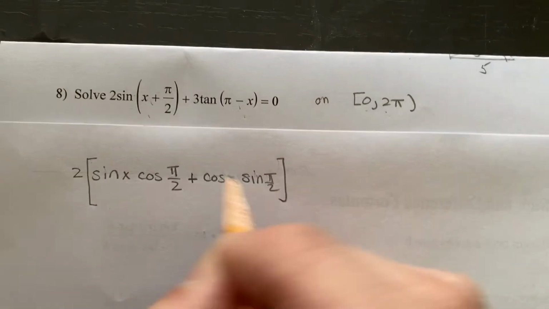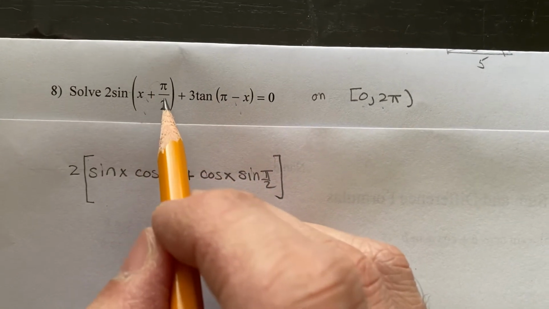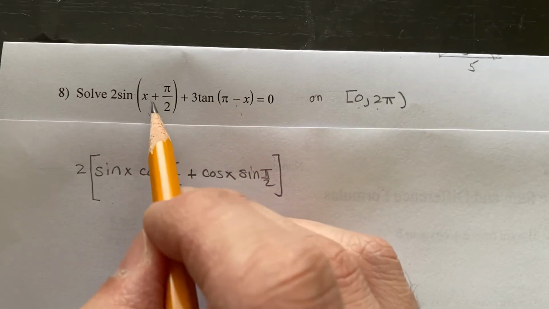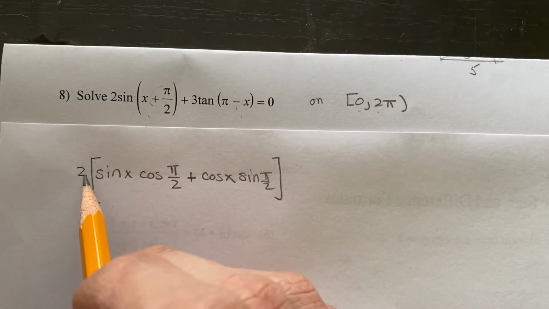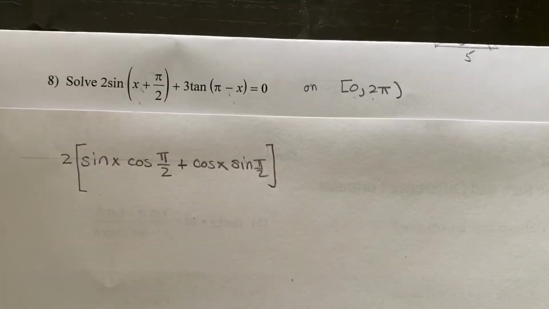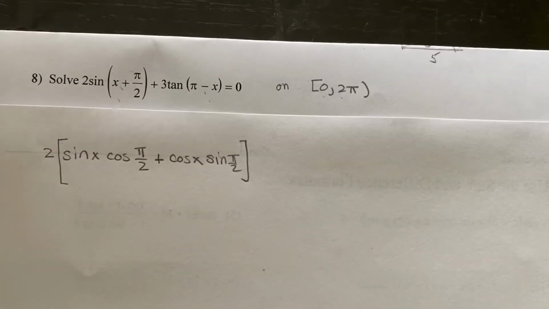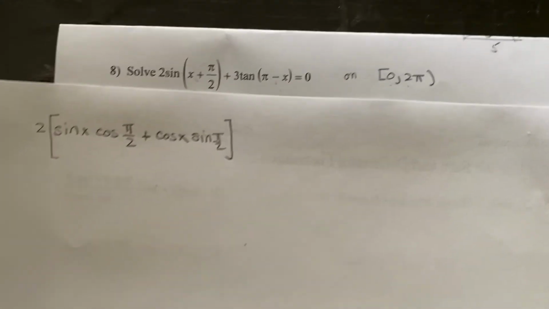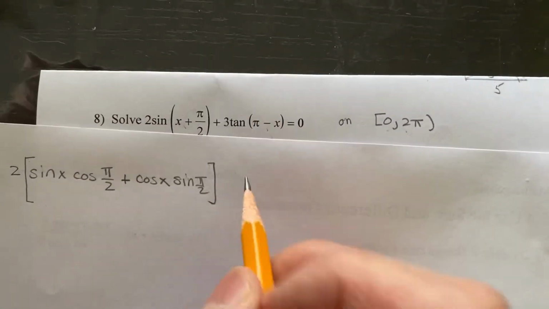Okay, so this is just the sine sum formula expanding x plus pi over 2. And you could keep this 2 outside. You probably want to save yourself some space horizontally, right? Because now I have to expand the tangent formula.